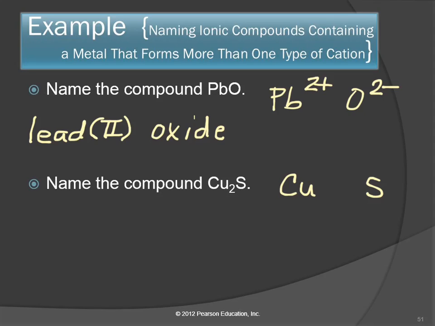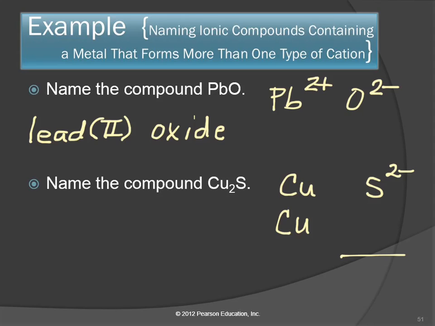It's not that hard. So we don't know what the charge is on the copper, but we can figure out the charge on the sulfur. What is it? It's 2 minus. And we see from this that we have 2 copper ions. So let's write both of those in so that we have everybody represented. This is not the only way to figure it out, but most students seem to like it okay.